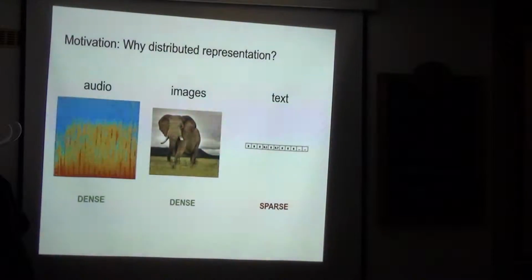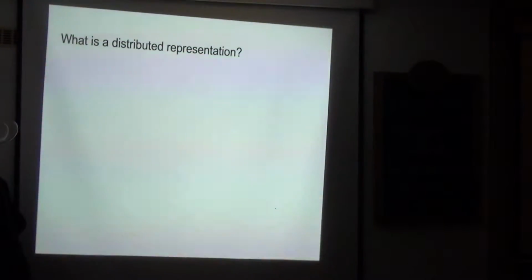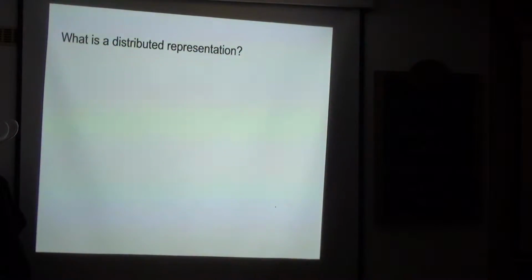And there's a problem with text, when we have like tf-idf. For example, let's take a document. Not every word occurs in every document, so the representation is rather sparse. And that's why we should use distributed representation of text to model its features more efficiently.